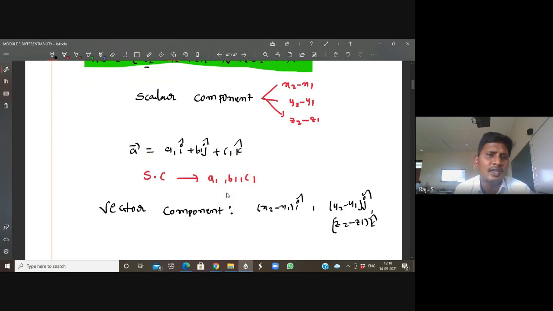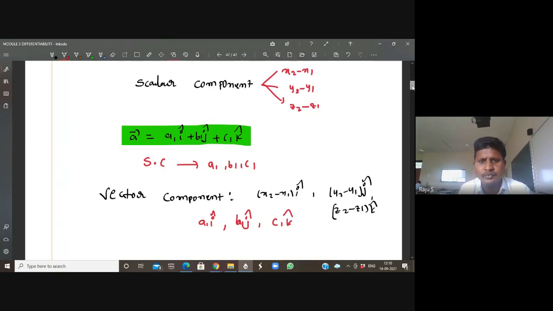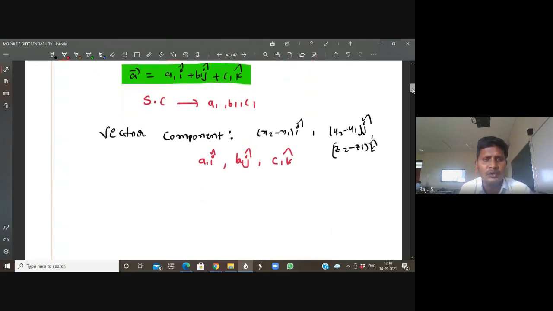Here i, j, k are the unit vectors along the x-axis, y-axis, and z-axis. Coming to this example, the vector components are simply a1 i, b1 j cap, c1 k cap. These are the vector components along with the unit vectors.